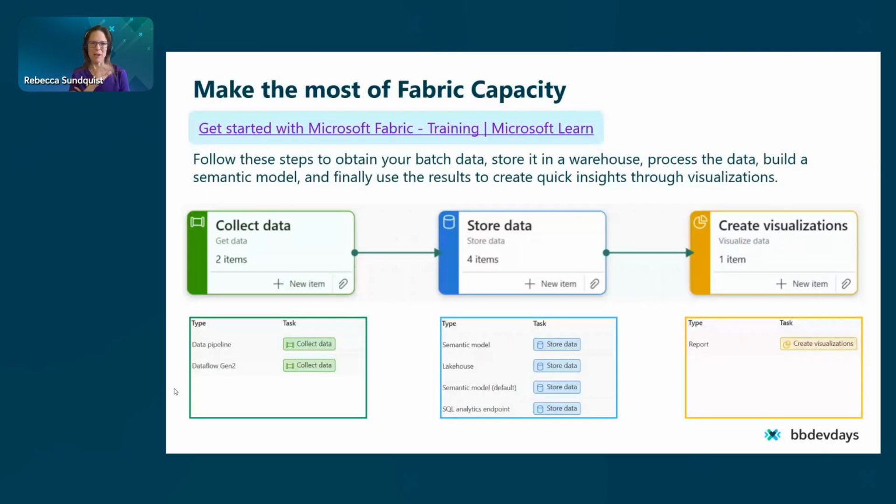With Microsoft Fabric, we open up so many different types of tasks. I've only selected the 3 types of tasks that go into getting a visualization in front of our users, right? But in Fabric now, we can collect data, store that data in Fabric, and then create our visualizations off of it.